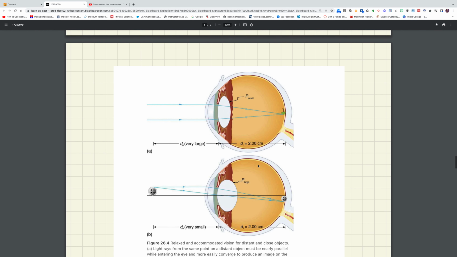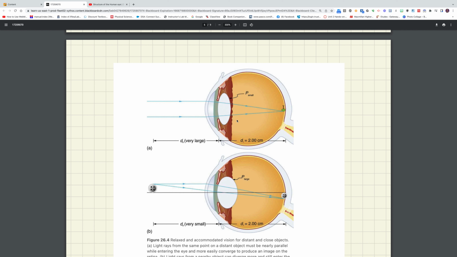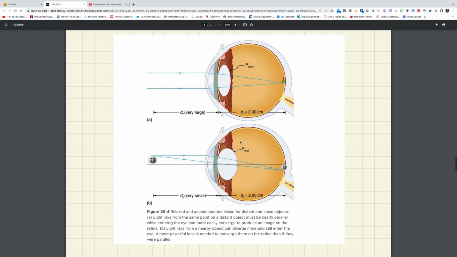Here we look at the relaxed vision versus the accommodated vision. The eye makes accommodation based on what? Based on the distance of the object, DO. When the object is very far, this means that DO, the distance of the object, is very large, and the light comes in parallel and converges because of the lens.